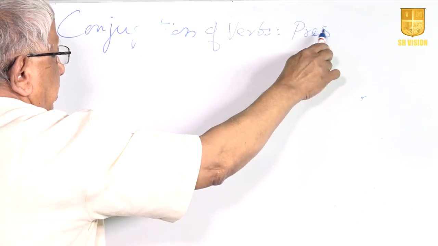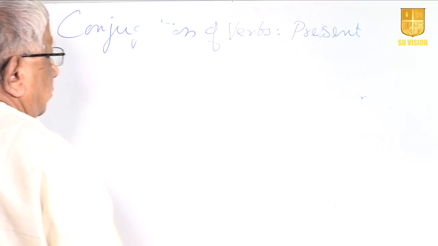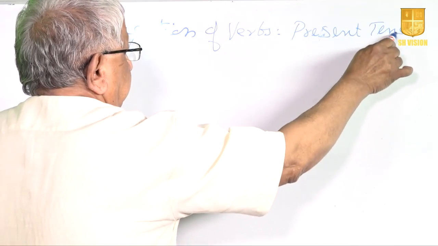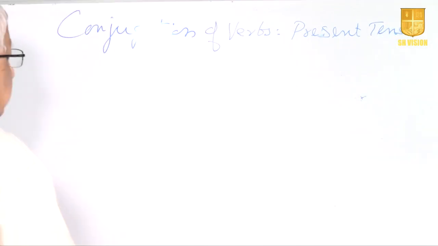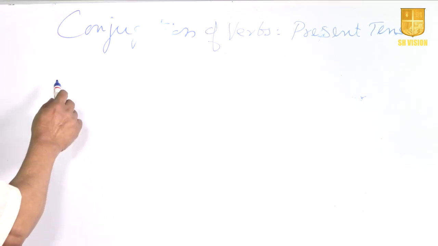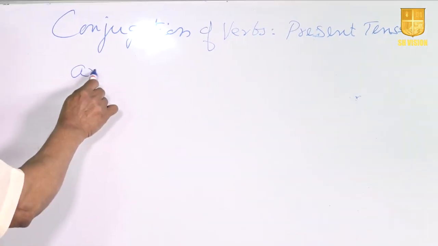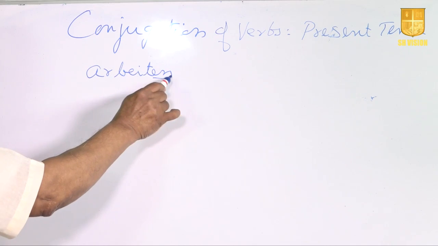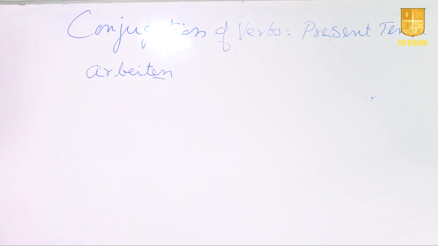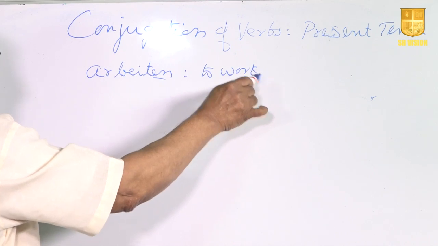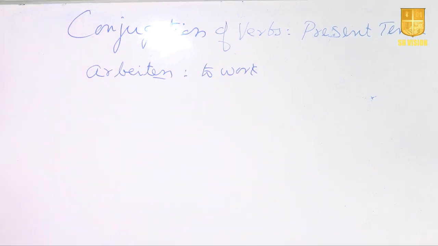The other tenses, we will be able to do in this course. I said the infinitive always ends in en. So one example is arbeiten. Arbeiten means to work. This is an example. Now we conjugate it.